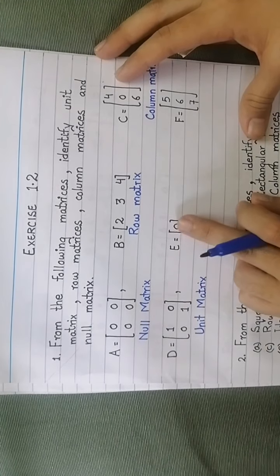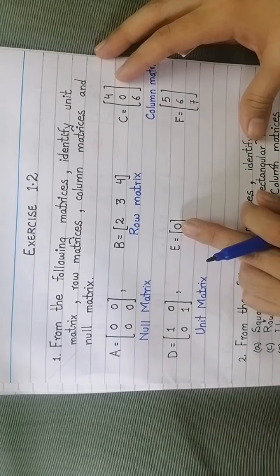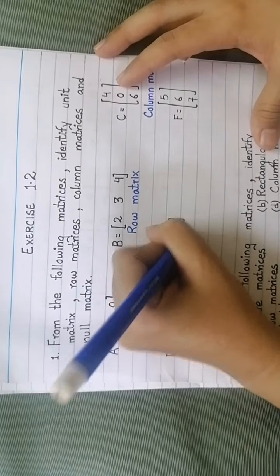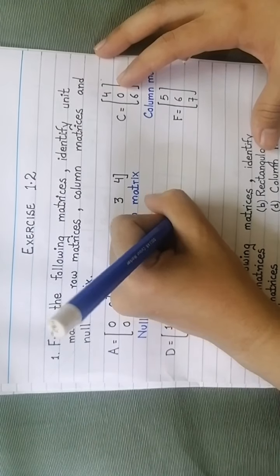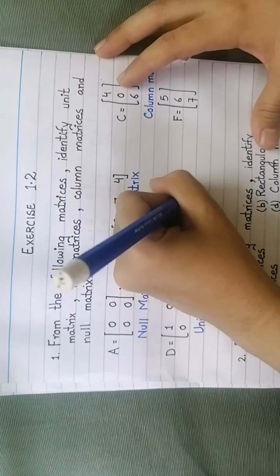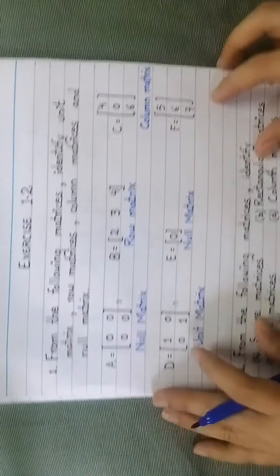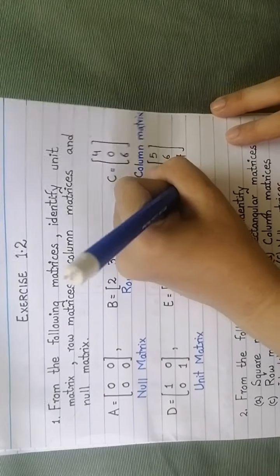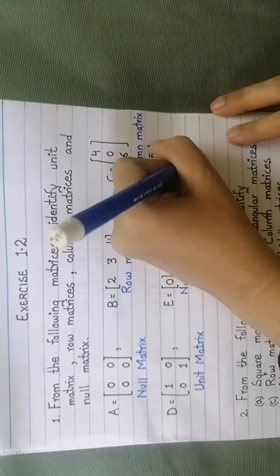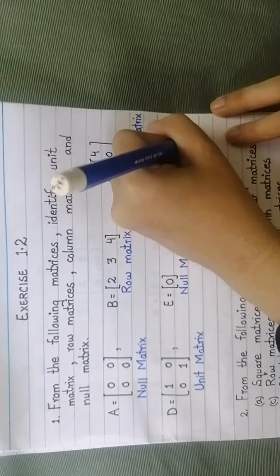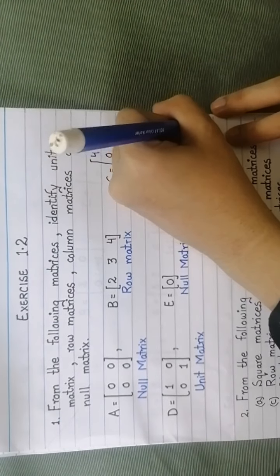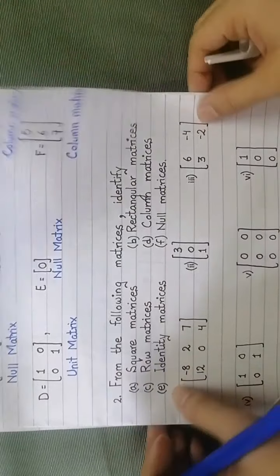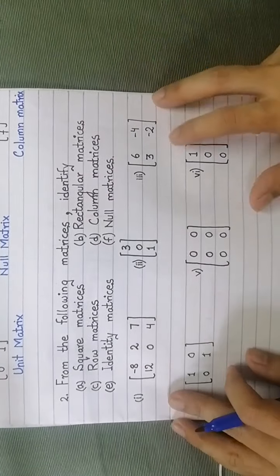Here it is only one entry, that is 0. So this matrix is null matrix. And this matrix has only one column, so this one is column matrix. Okay, now come to question number 2.